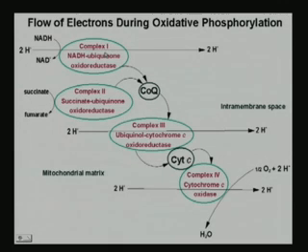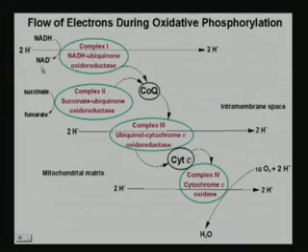Now, if we see the flow of electrons during this electron transport chain, we can sum up what we have learnt till now. NADH is donating the electron to complex 1. From complex 1, the acceptor of the electron is ubiquinone. Ubiquinol transfers this electron to complex 3.